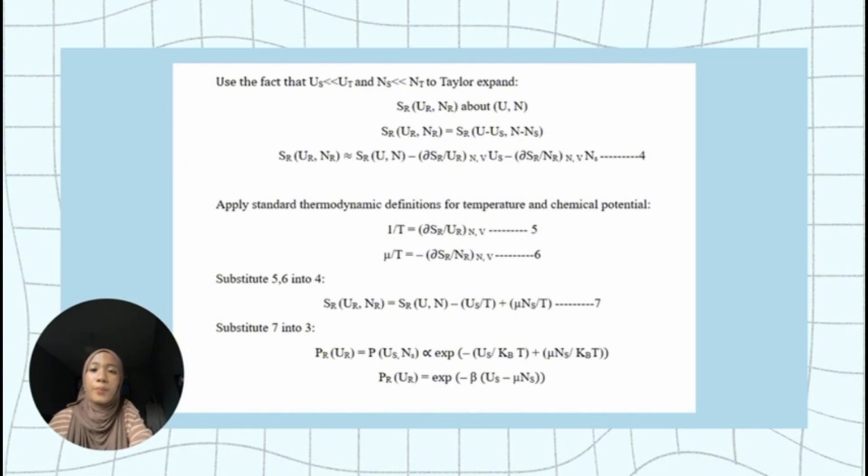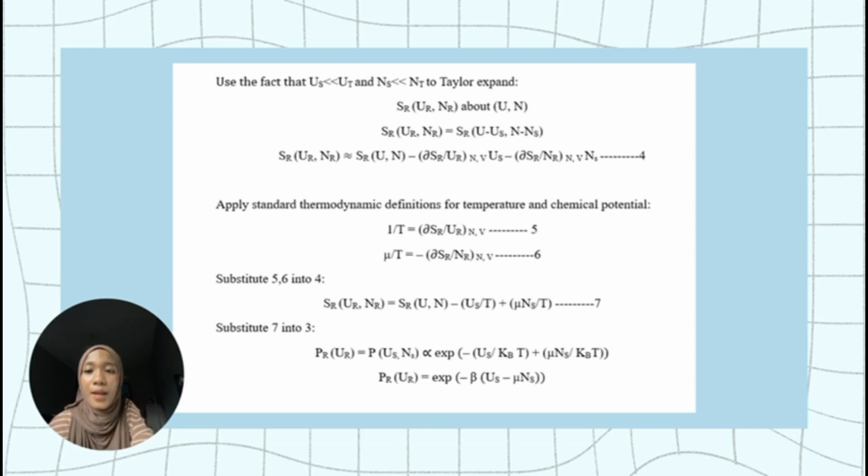We have S sub R equal to S sub R of U minus U sub S and N minus N sub S. So we obtain equation 4: S sub R of U and N, minus the partial of S sub R over U sub R times U sub S, minus the partial of S sub R over N sub R times N sub S.